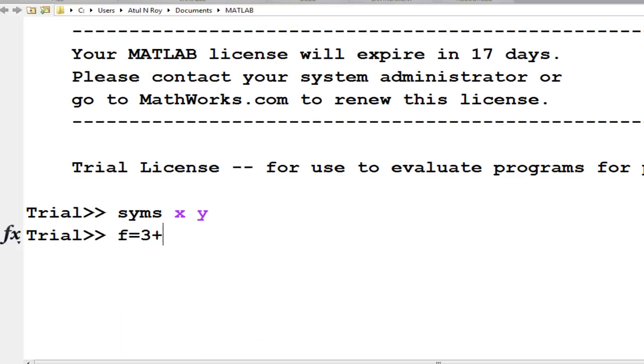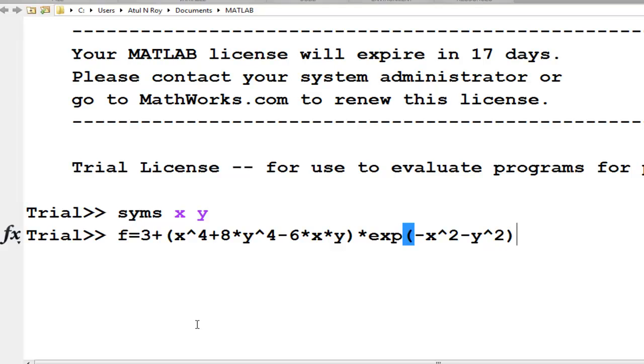So we shall enter the values in: x to the 4 plus 8 times y to the power 4 minus 6 times x times y, and then times the exponential of minus x to the power 2 minus y to the power 2.